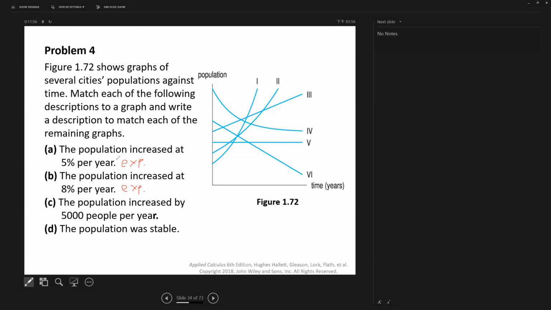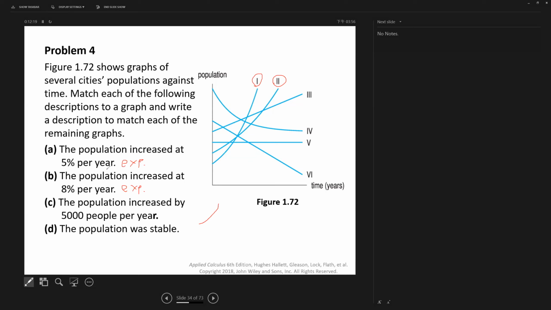Population increased by 5% is exponential. So an exponential function, if it's increasing, looks like this, a curve that's going up. We have 2 of them that might be exponential growth, which are 1 and 2. That means one is 5% and one is 8%.